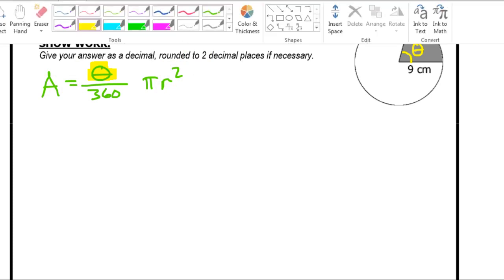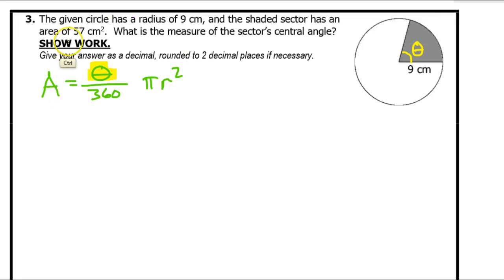Let's fill in those two values. The area is 57 square centimeters, so I'm going to put 57 right here is equal to theta over 360, and then pi, the radius is 9, so pi 9 squared.